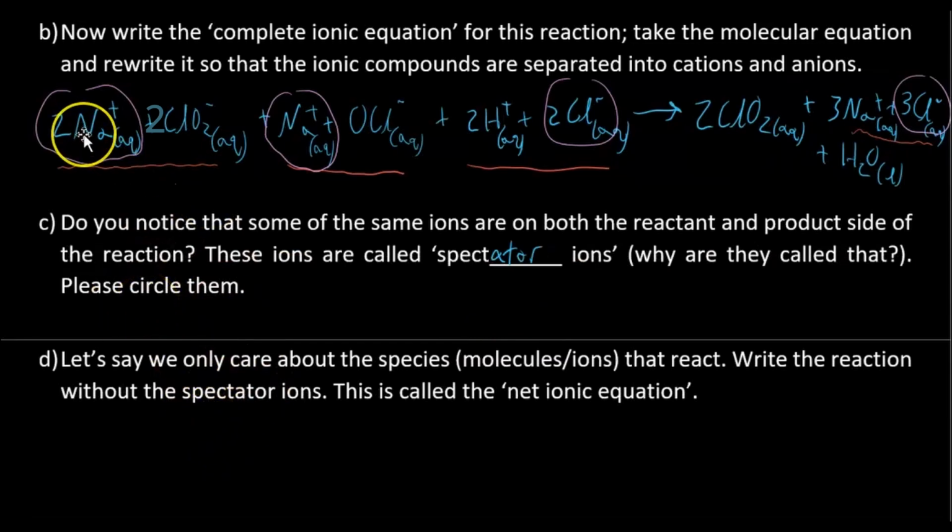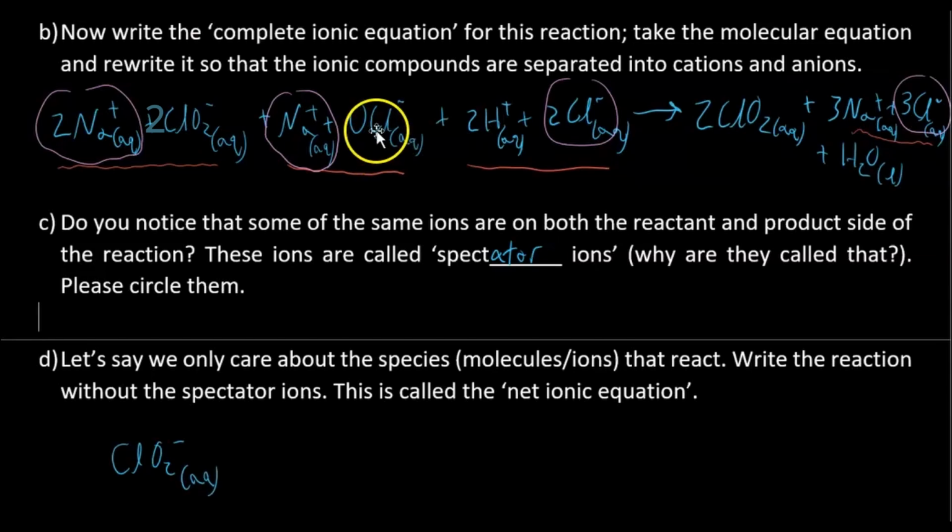So these two sodiums here and this sodium here, this is 3 sodiums on this side, 3 sodium ions, on the reactant side, and we have 3 sodium ions on the product side. So these 3 sodium ions are going to cancel out with these 3 sodium ions here. So those we're not going to include. ClO2 minus.